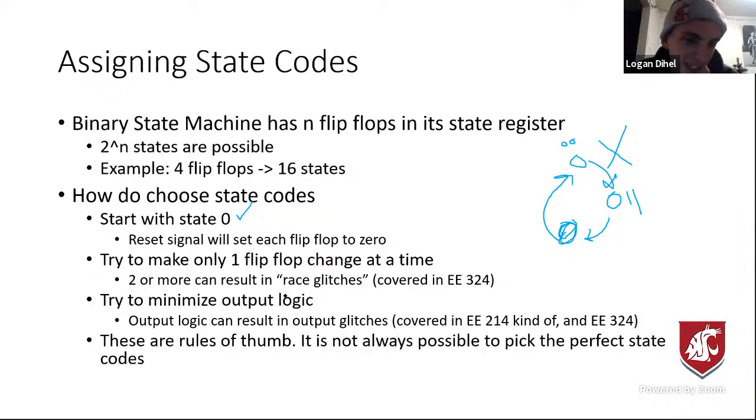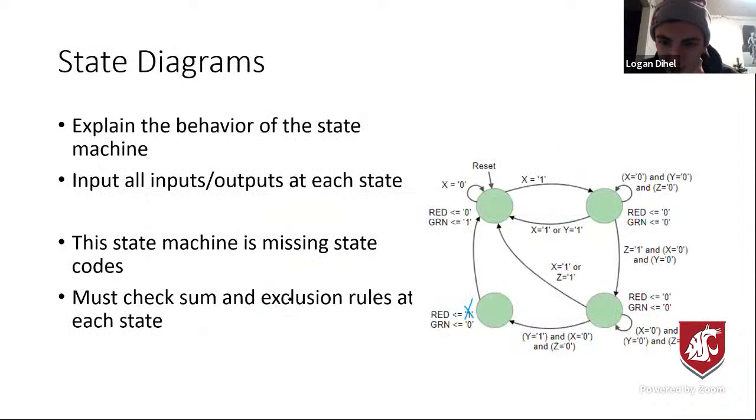The last thing is minimizing output logic. If we had some system like this one, there are sometimes cases where, let's say this state was 0, 0, then the output logic would be red equals the state code at index 1 and green equals the state code at index 0.